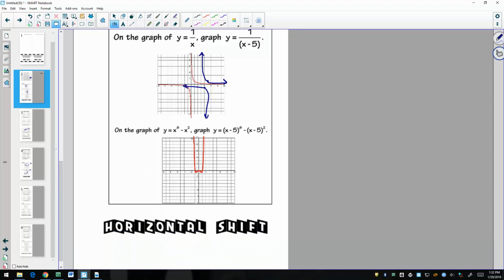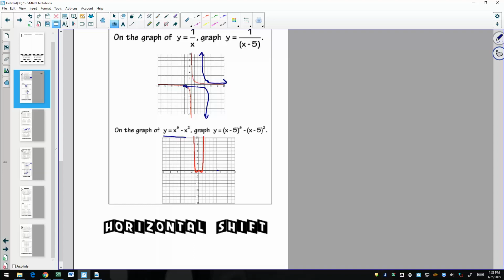And the last one, you'll notice here's the parent function. That's your starting function. And the difference between that equation and this one is that there's -5s inside with the x's. So that means we are moving right 5. So you're going to move everything to the right 5. Again, I cannot see these numbers on here, but you're going to basically take this graph and shift it to the right 5. 1, 2, 3, 4.